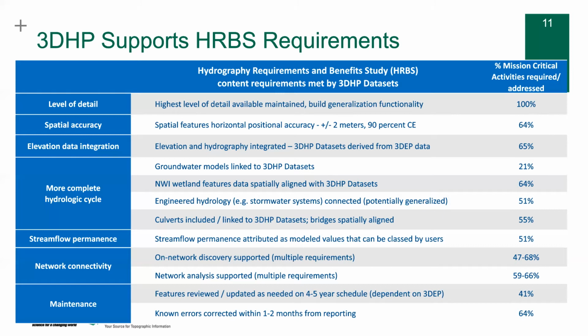The next two items are also big drivers. In this table, the percent shows the mission critical activities that required that attribute. But when the value of those mission critical activities was tabulated, the importance of these two items was even higher. And you'll see some of the other items that are driving where we're going with the program.